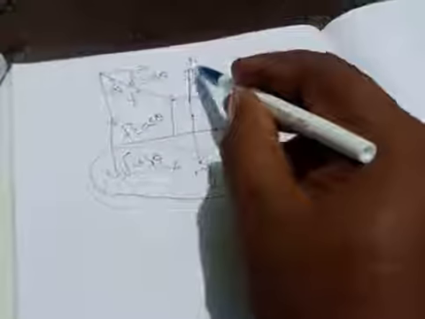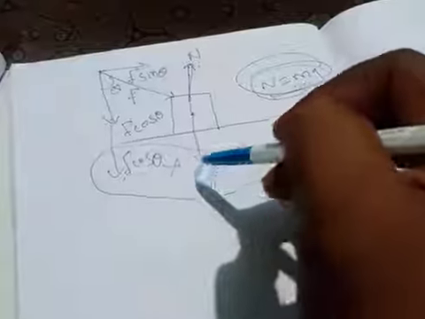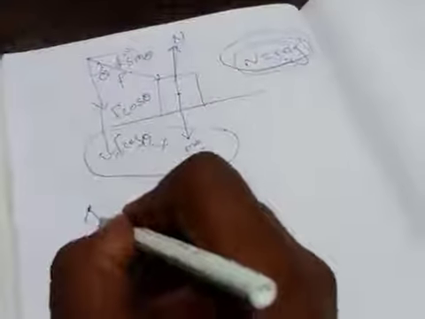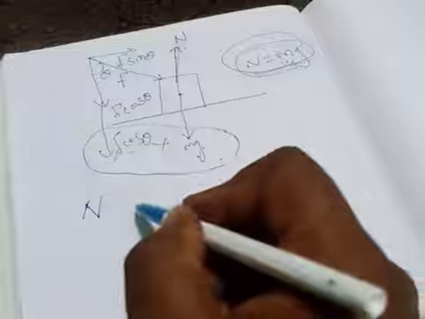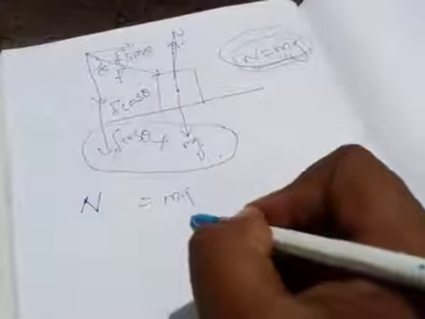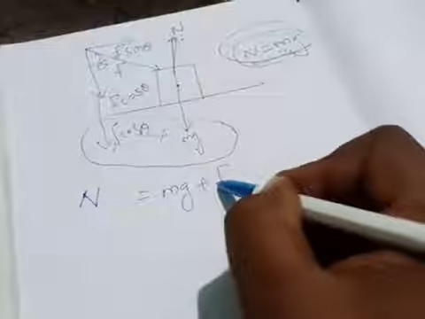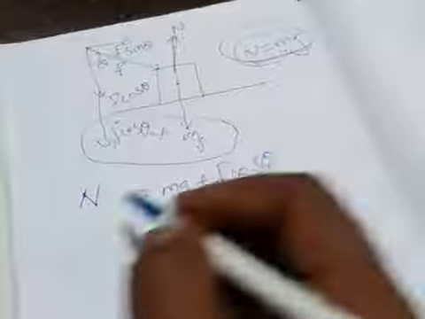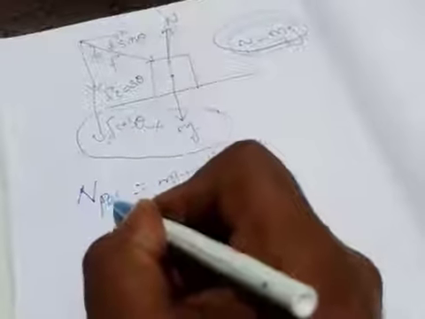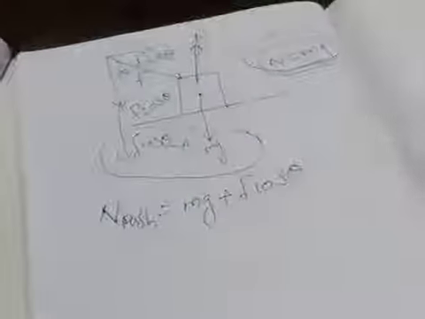Now N is equal to mg and also F cos theta. So you can write the equation: the normal force is equal to mg plus F cos theta. We can keep that for pushing. In push you can keep it.